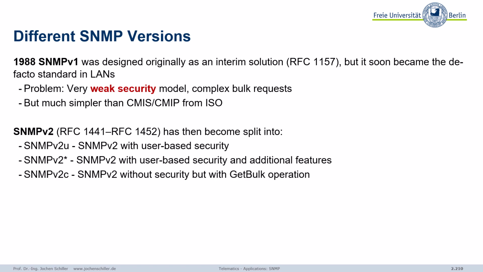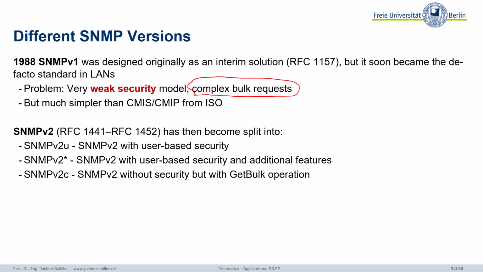Okay, so we had some more problems with SNMP version 1, for example, so-called bulk requests, to get a bulk of information. So for example, give me all the parameters you have stored about this interface. You have to send many requests. We'll see this.